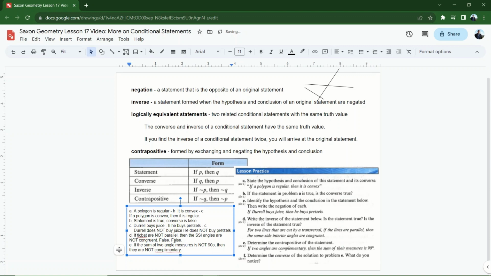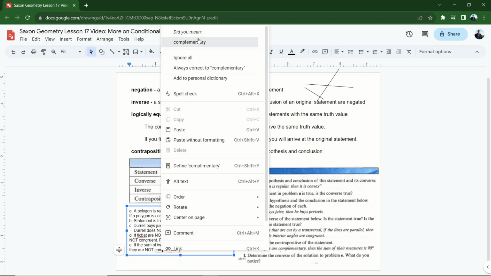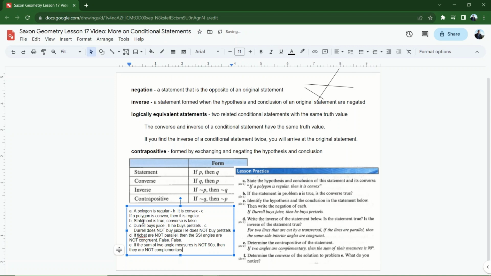That's the contrapositive. Now, it didn't ask me to evaluate the truth value of this. But if I think about this, if the sum of two angle measures is not 90 degrees, then they're not complementary, well, that just makes sense. That is a true statement because that's the definition of what complementary angles are.